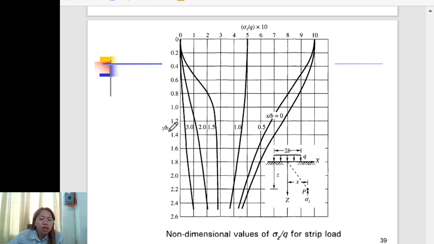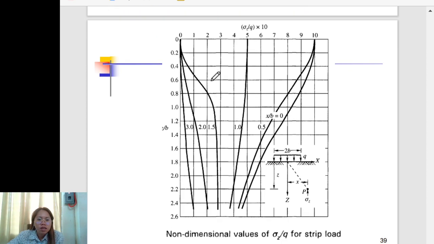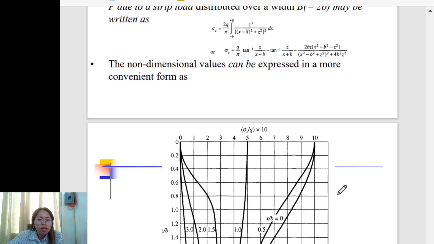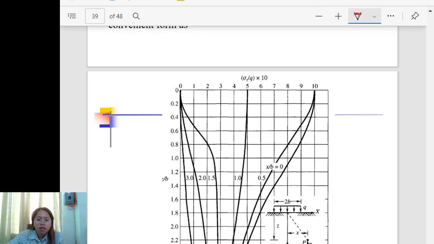So this is z over b, I think this is z over b, versus q sub z over q, times 10. So you can see the value of the q sub z, yes, q sub z over q.